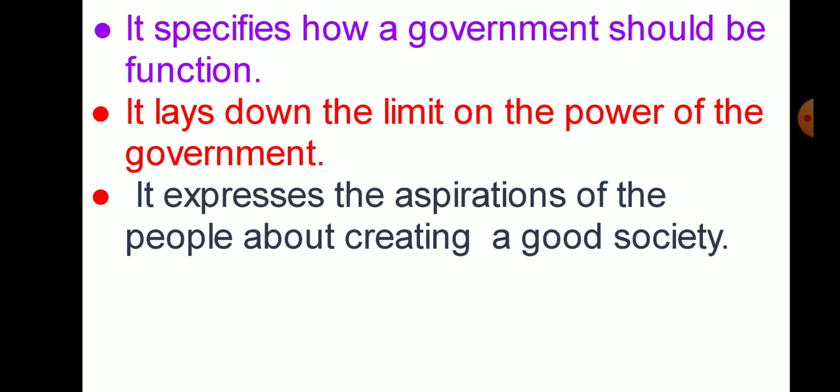Next, it specifies how a government should function. It lays down the limits on the power of the government. It expresses the aspiration of the people about creating a good society.